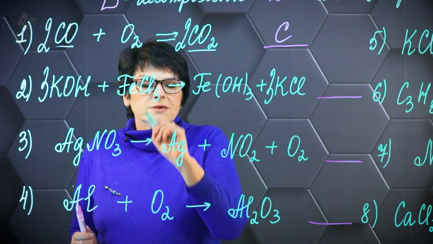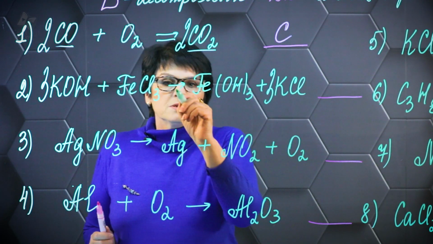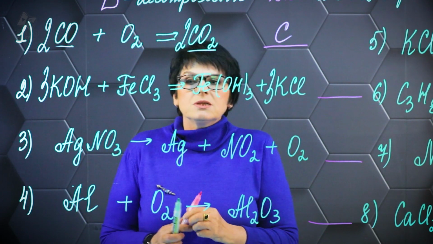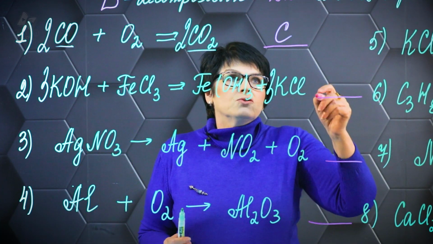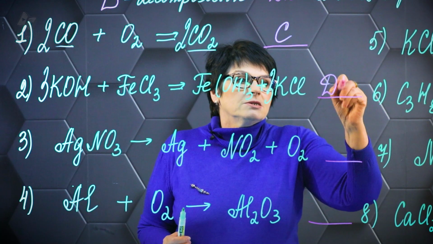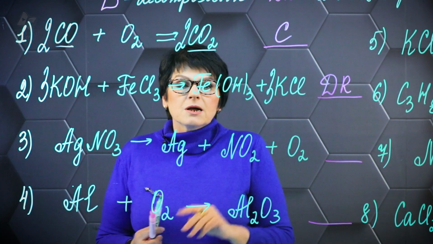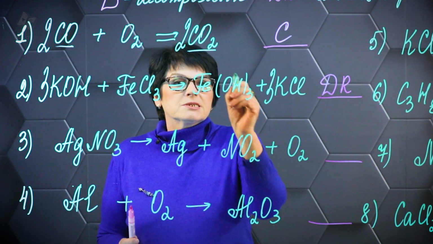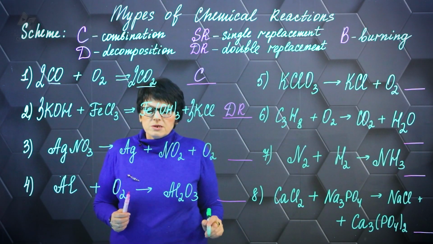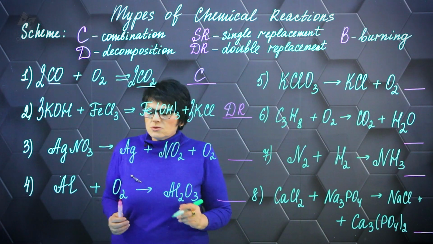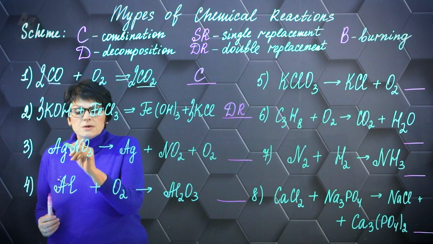Next, iron on the left side is 1 and on the right side is 1. Chlorine on the left side is 3 and on the right side is 3. So our equation is equated. What type of reaction is this? It is a double substitution reaction, hence we must state it this way. Furthermore, it will be a precipitation reaction because Fe(OH)3 is an insoluble substance.